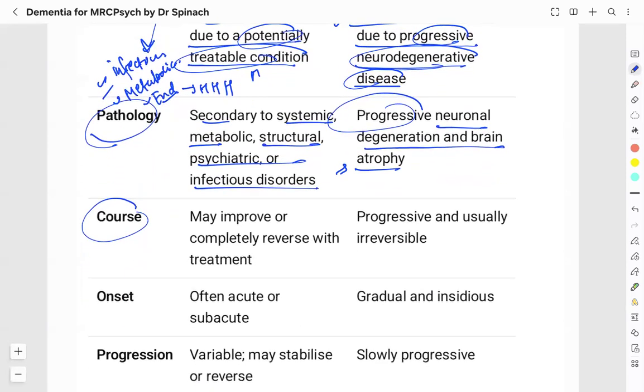Reversible dementia may improve or completely reverse with treatment, but the irreversible one progresses and usually is irreversible.